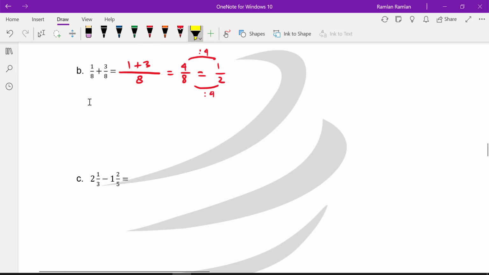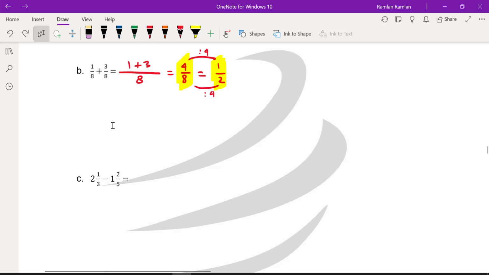So this is going to be the final answer. If you answer it like this, you won't get full marks or a full point. You will get the full points if your answer is this one, okay? It doesn't mean that your answer is incorrect. You're correct, but you haven't finished it yet until the simplest form of fraction.